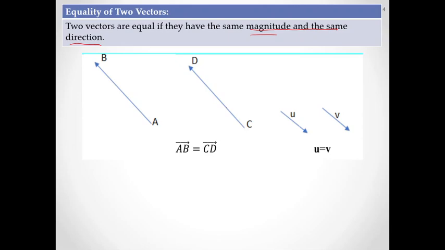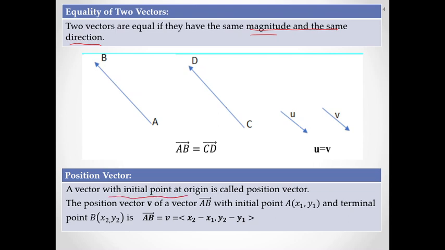One vector can be like this, the other like that, but they're not equal because their directions are not the same: this one is going this way and the other one this way. So parallelism does not show equality, because they can be parallel but in different directions.